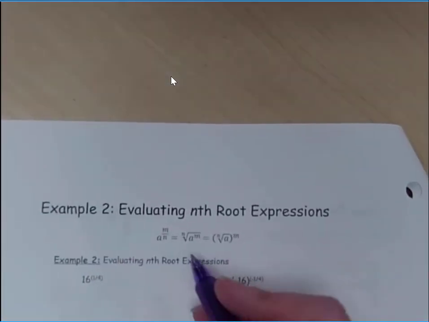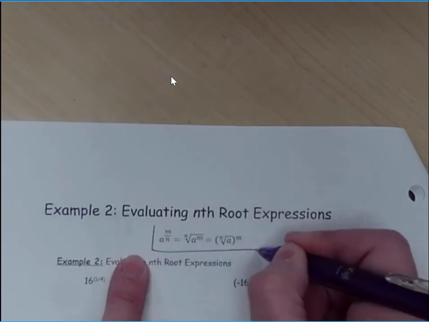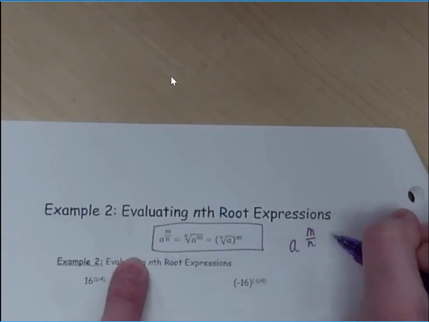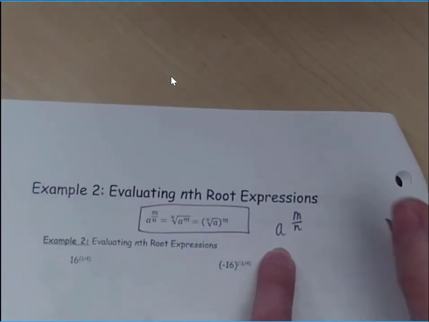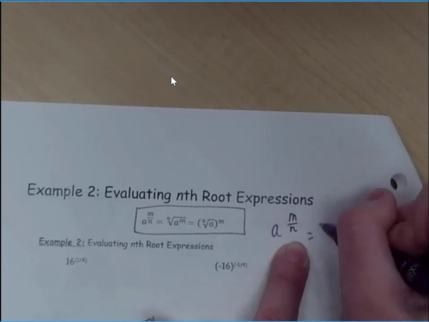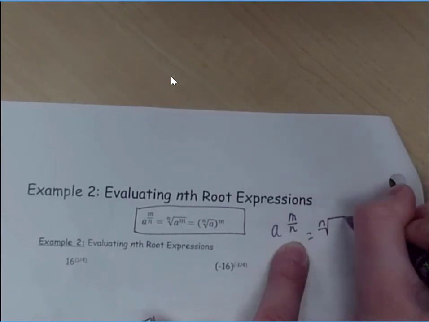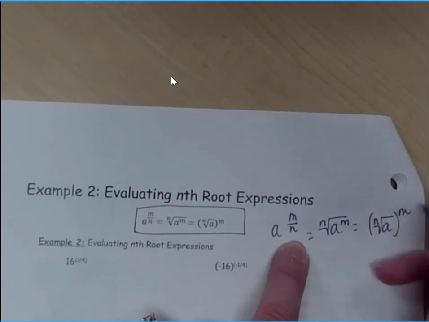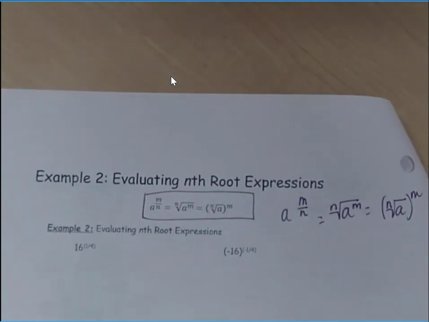So if I have a to the m over n, and now you've seen those, believe it or not, already. What I'm going to do is rewrite these. So I've got, this is my root, and this here is my exponent, and by using our exponent rules, I can pull these out to look just like this.